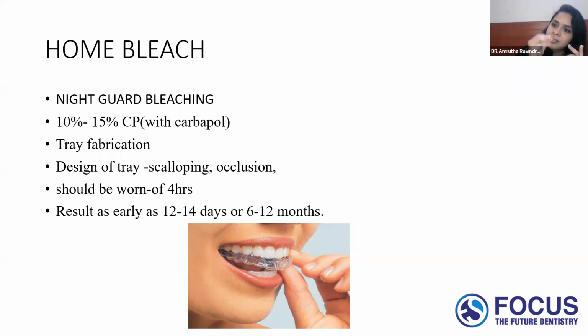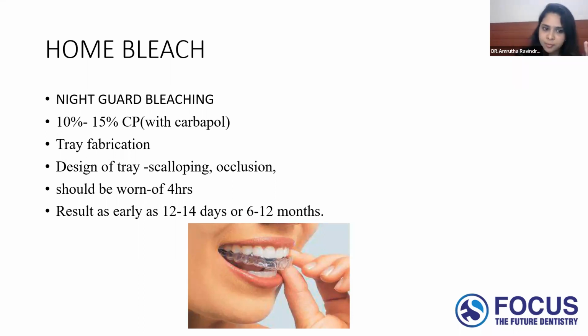The bleaching material is placed onto the tray, and you have to wear it at night, a minimum of 4 hours. Even though the concentration of the bleaching agent is less and the result is slow in home bleaching, it appears to be more sustaining than in-office bleaching.